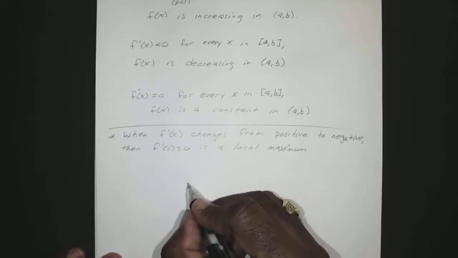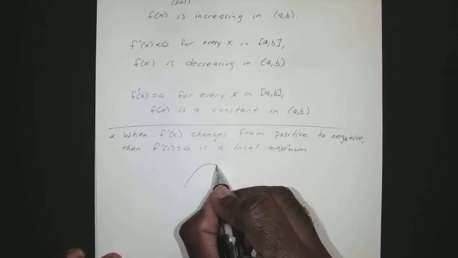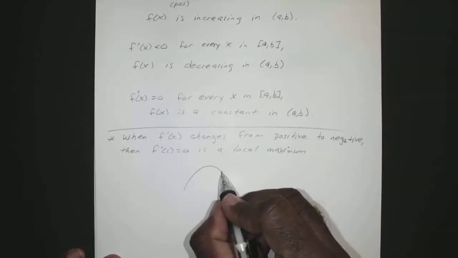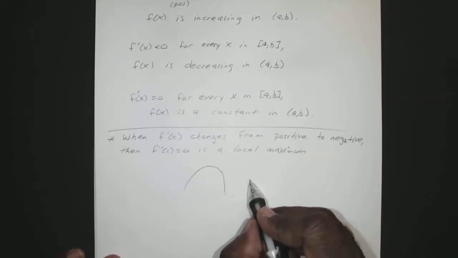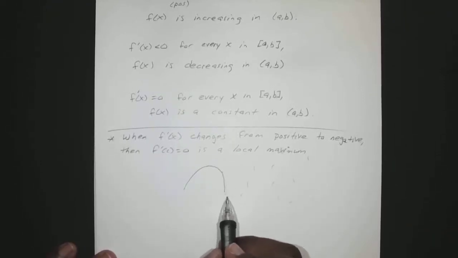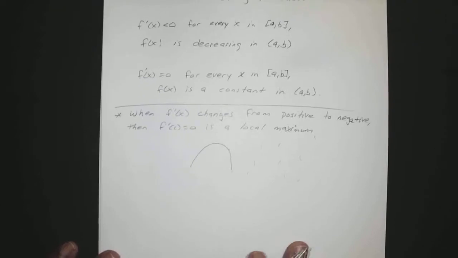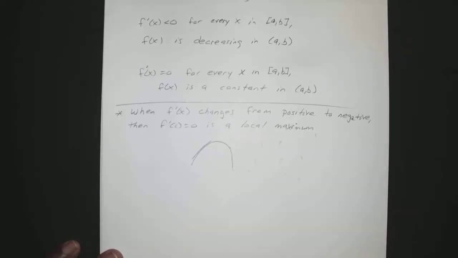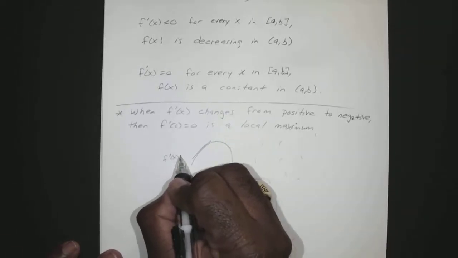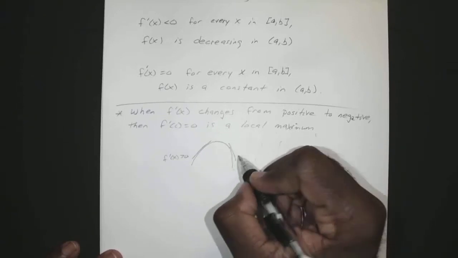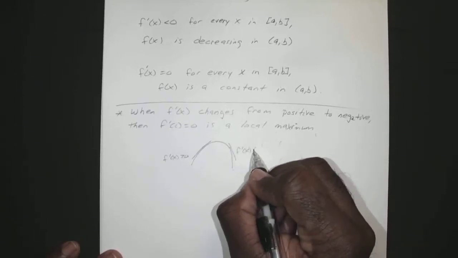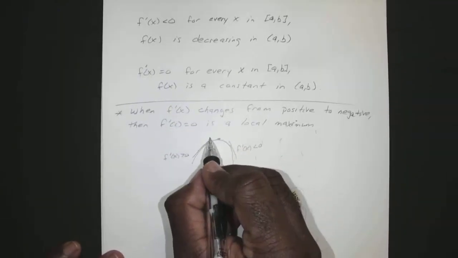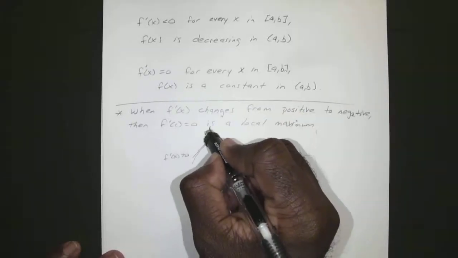Okay, so if we had a graph, let's say here, to here. Now that's not saying this graph doesn't keep on going, but we're just focusing between this A and B. So if this slope is positive, and then all of a sudden it changes to negative, then this point here is your maximum, because that's your 0 slope.